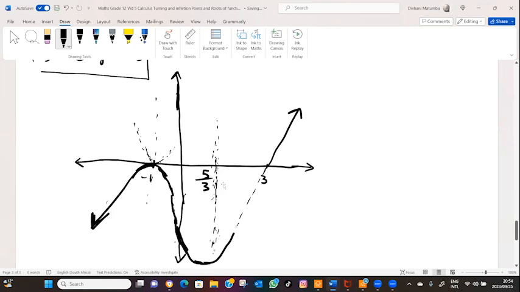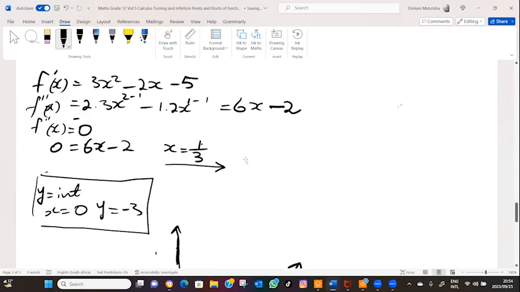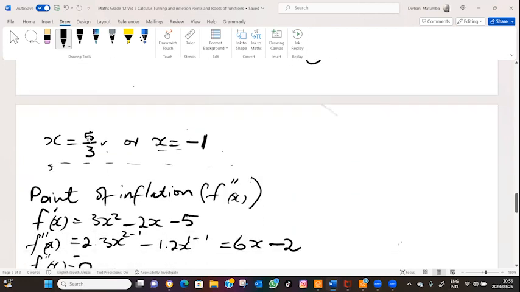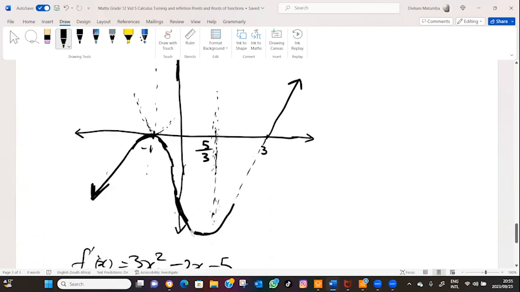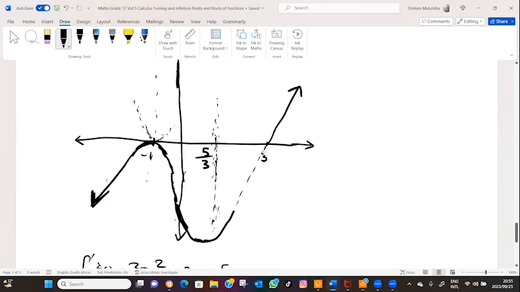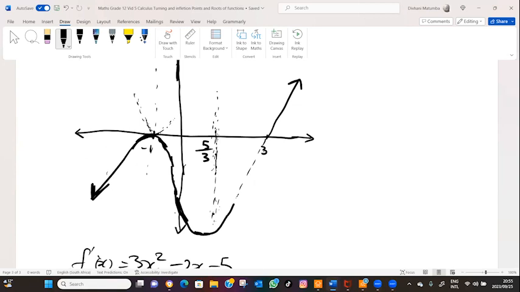Now, the two turning points were, let's see, 5/3 or minus 1, which I've already done. Okay, and then the point of inflection, the graph will look like that.